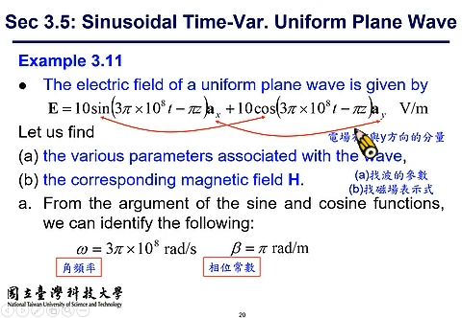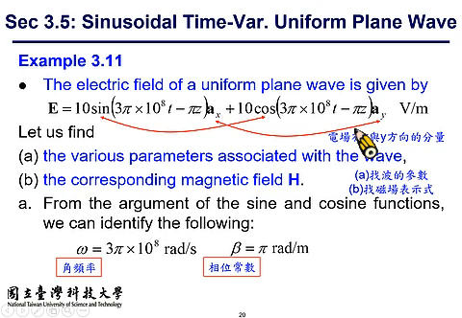If the variable is in the form of omega t minus beta x, then we know it's in the positive x direction. And if it is omega t plus beta y, then it's propagating toward the minus y direction. So it's a very simple rule to determine the propagation direction.